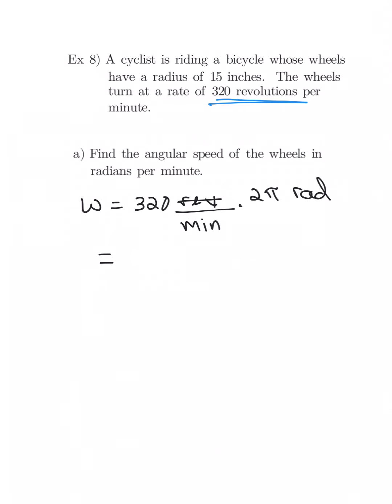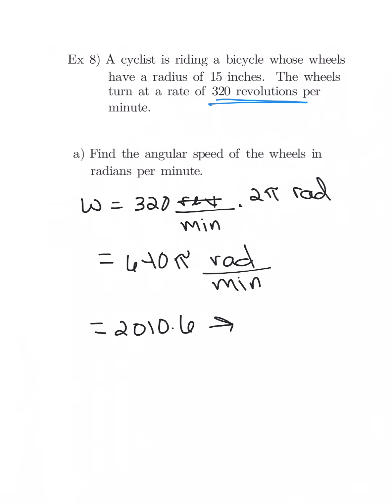So if we take the 320 times 2 pi, we get 640 pi, and then our label is radians per minute. If you do that on your calculator, you get 2010.6, which we are going to round to 2011 radians per minute.